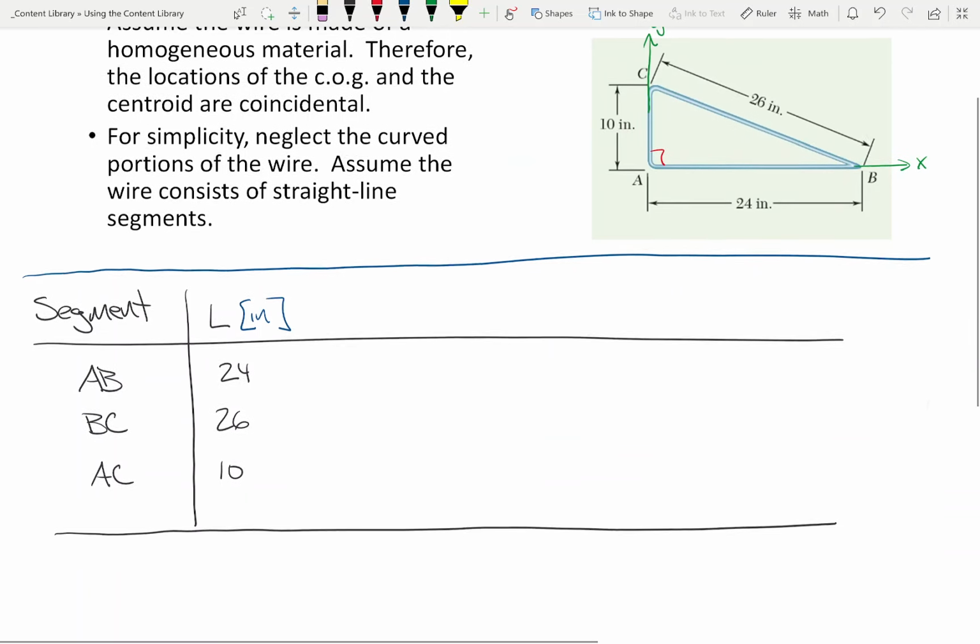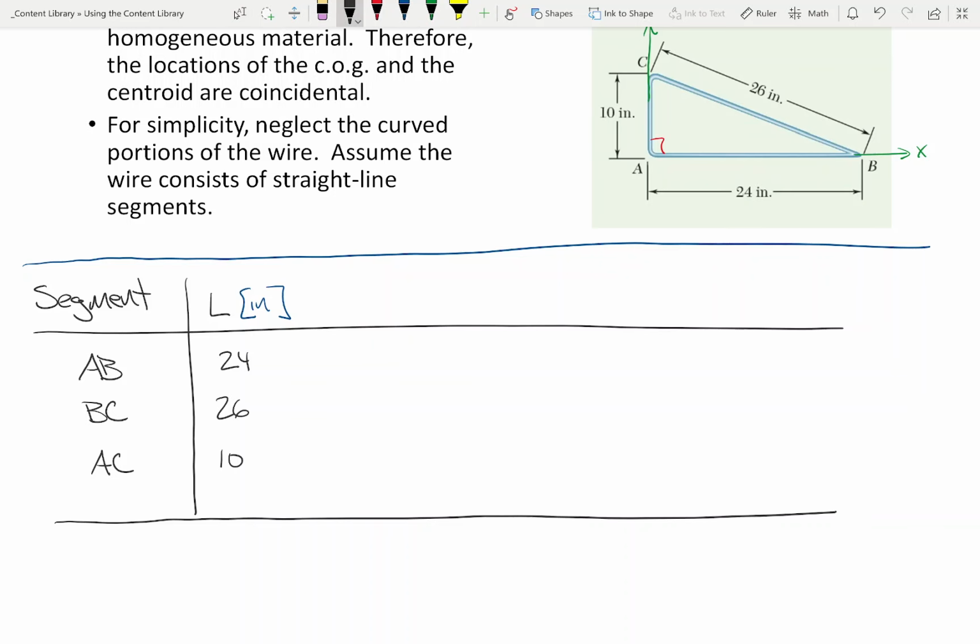All right. So if I put a summation column down here, the sum is going to be, what is that? 24 and 26 is 50, so that's 60. Okay.